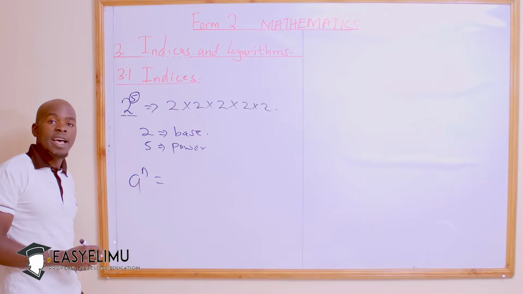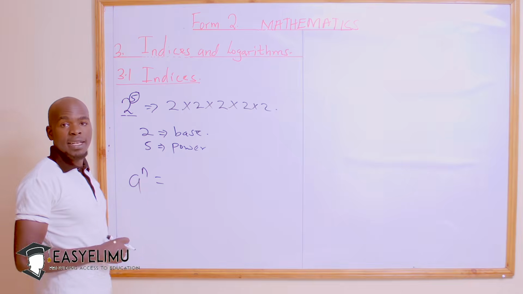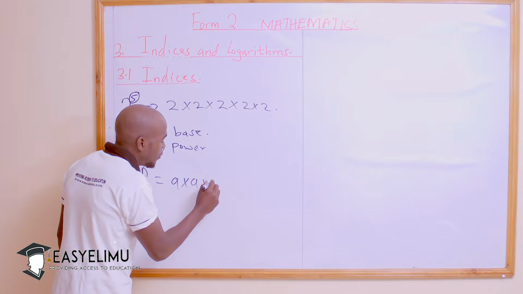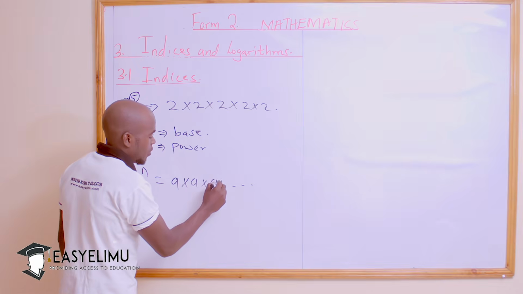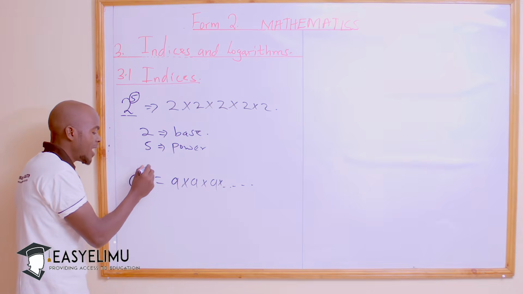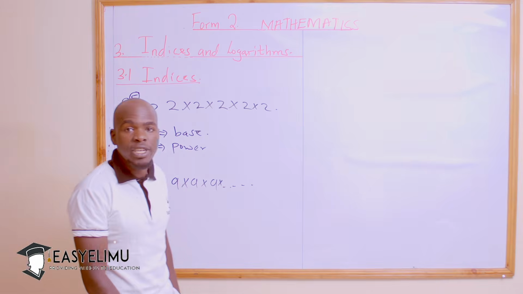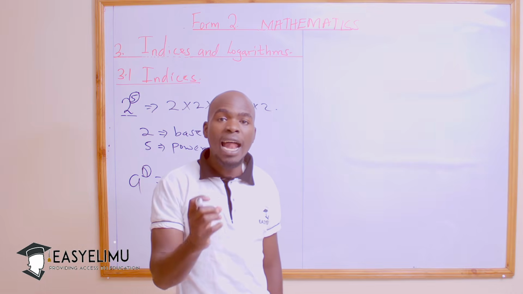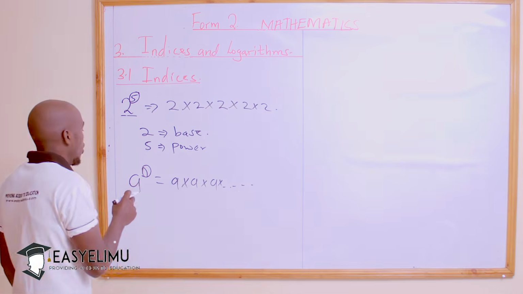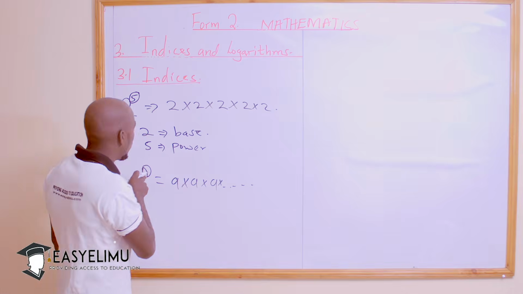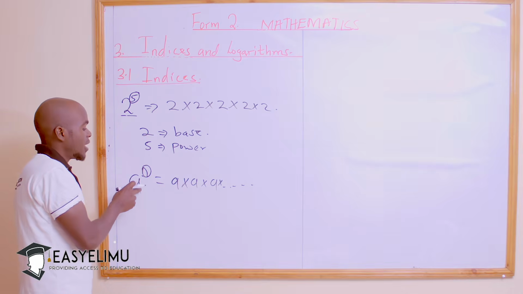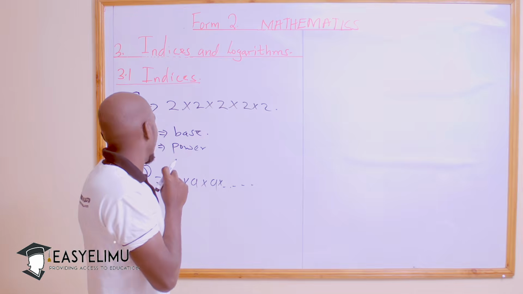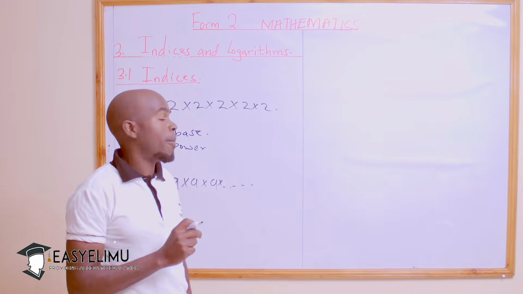This simply means that a is the base, but we have to multiply a up to n times, whereby n here is an integer, a number. So a is raised up to n times, meaning that a is the base and n is the index to which the base has to be raised.